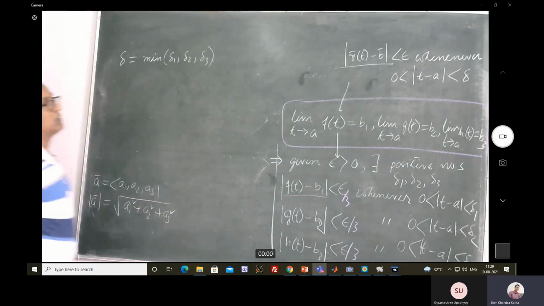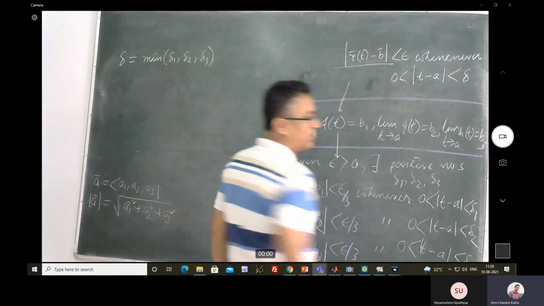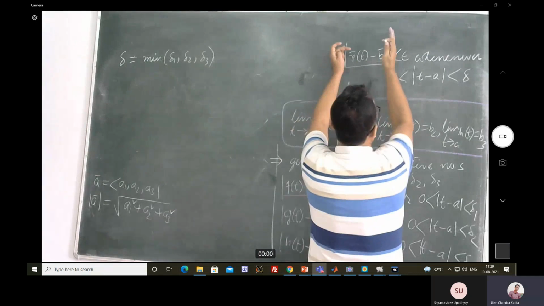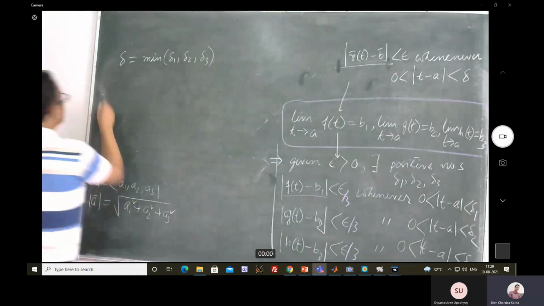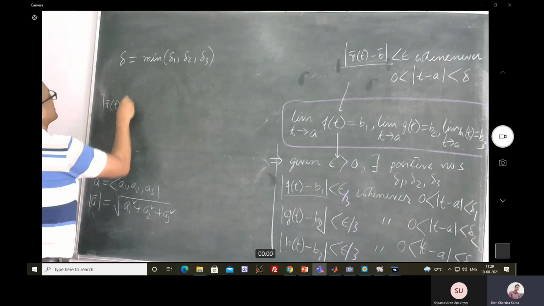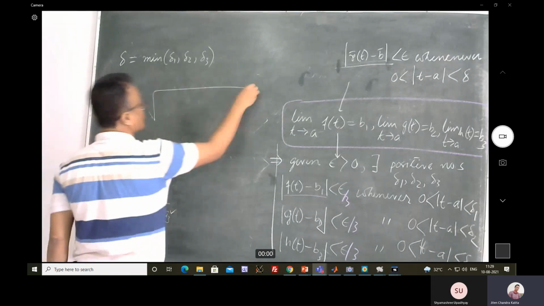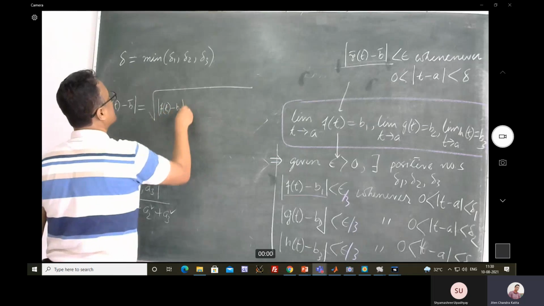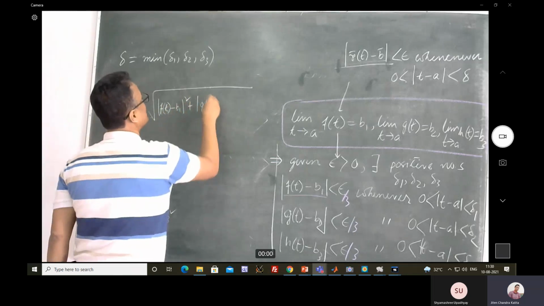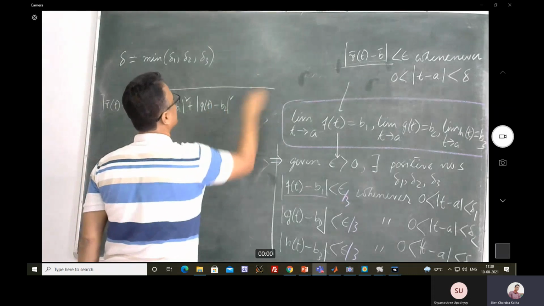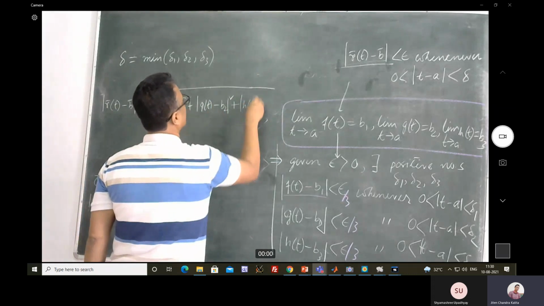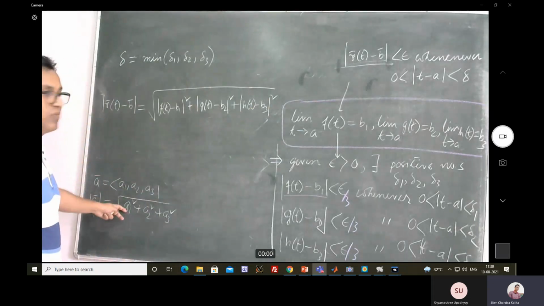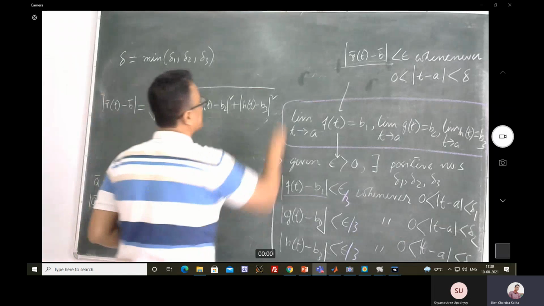Similarly, if you simplify it, in order to get this expression, this is simply going to be the square root of (f(t) minus b1) whole square plus (g(t) minus b2) whole square plus (h(t) minus b3) whole square. If you compare that with this one, it is exactly going to be like this.